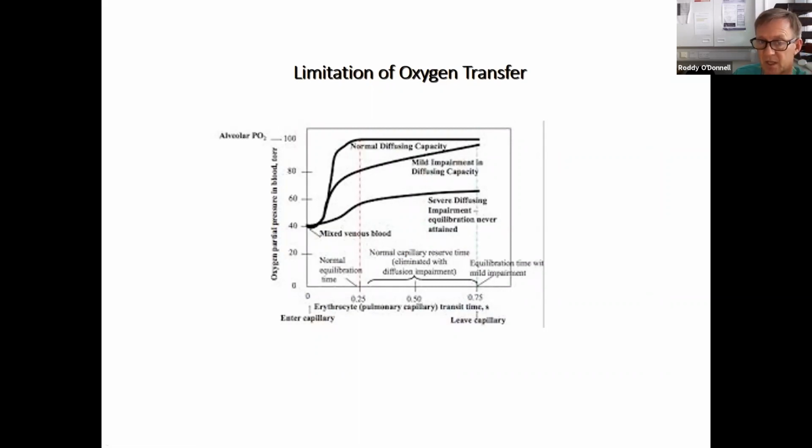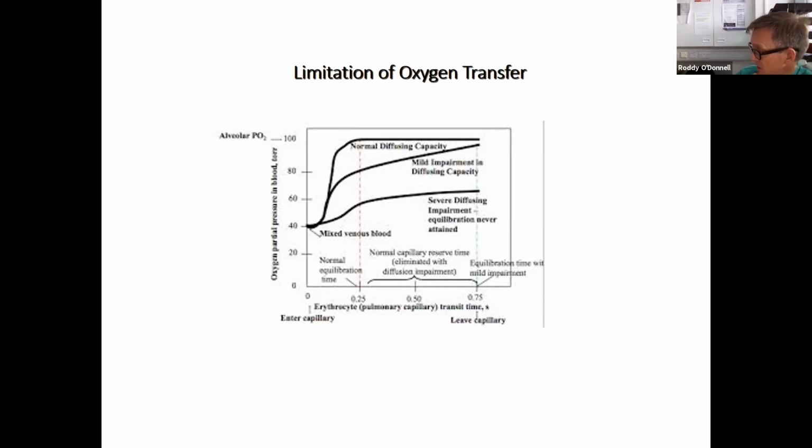There's also this concept of diffusing capacity. So the transfer of oxygen from the air in the alveoli into the water, which is the plasma, is also affected by the membrane of the alveolus and any inflammation that's associated with the alveolar pulmonary vascular interface.